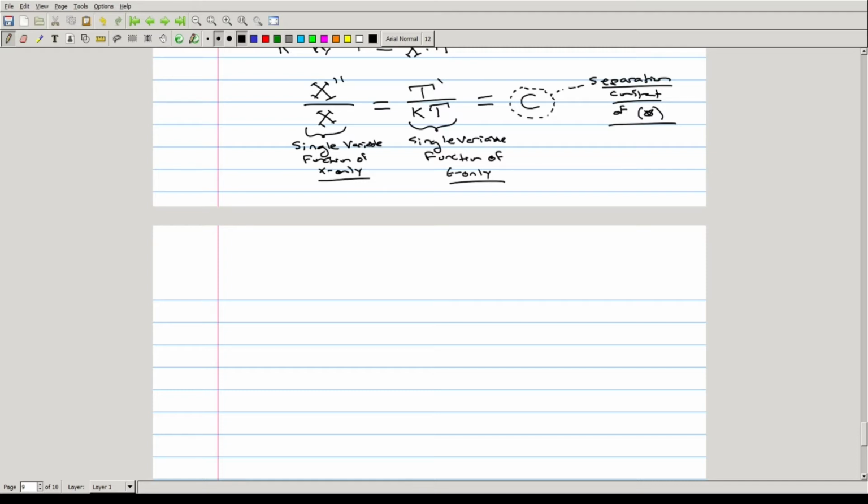And what's really nice here is that because each of these two equations have to be equal to the same constant c, then we get a second order differential equation that has to be satisfied in x, and a first order differential equation that has to be satisfied by the function t.